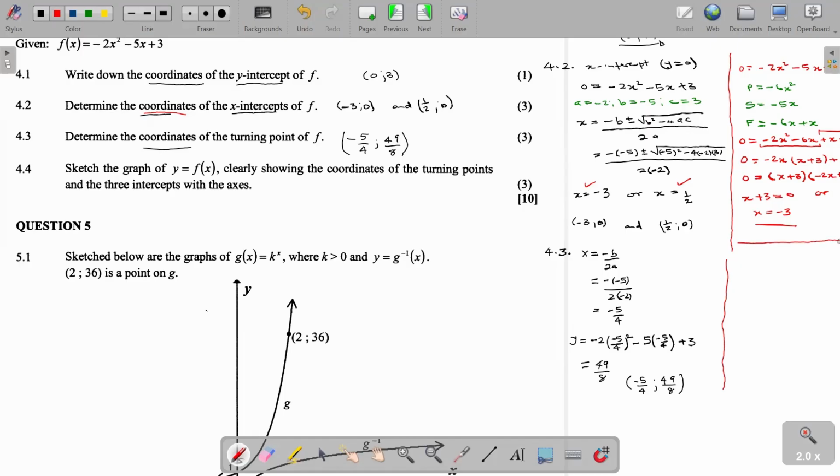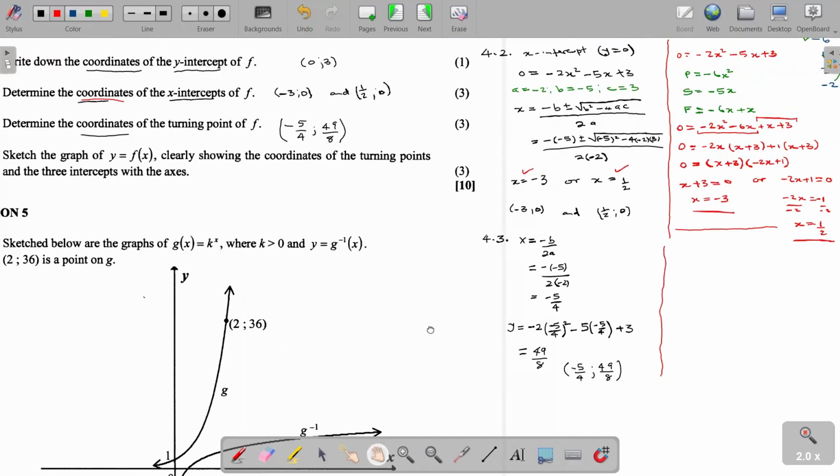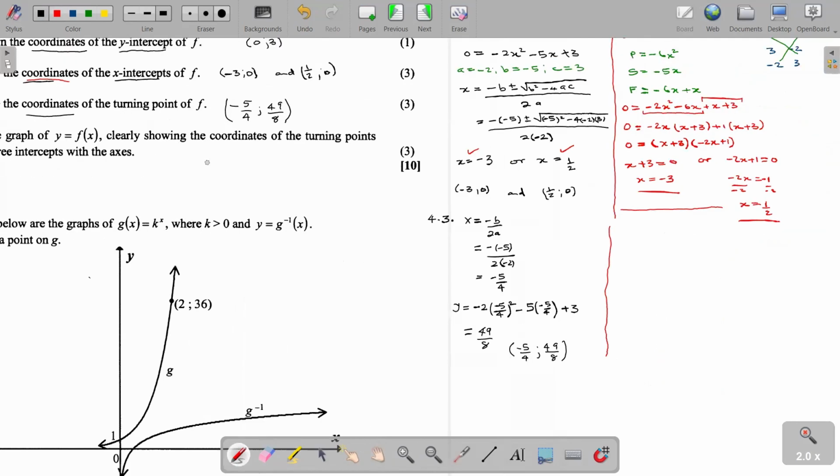Alternatively, to get the x value at the turning point, considering that we already know the x-intercepts, this minus 3.5, it means this x at turning point will be equated to the sum of the x-intercepts divided by 2.